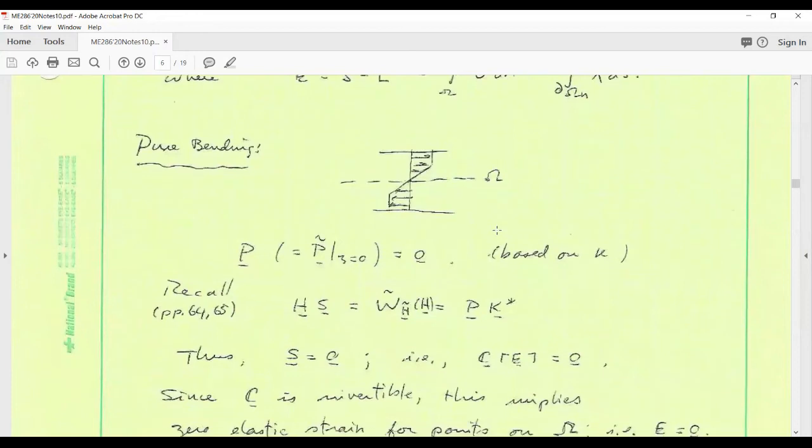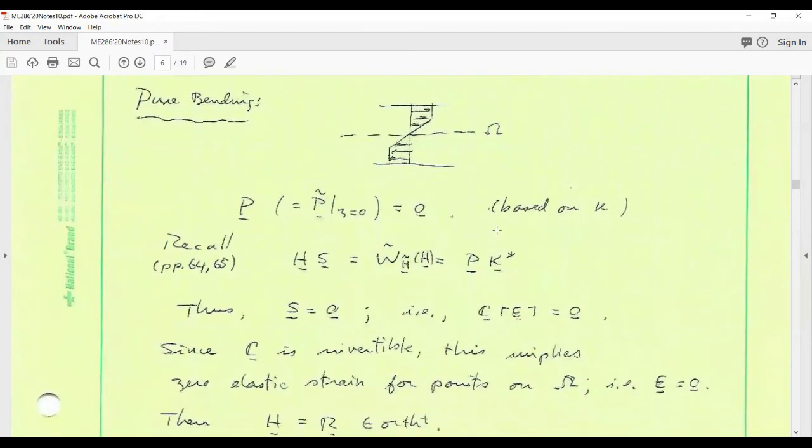Okay, well, let's look at a special case associated with pure bending, the so-called pure bending problem. So here's a picture of say a beam. And you can think of a beam bending as the same as our plate bending problem. If you look edge on the plate and you bend the plate, it looks like you're bending a beam, right?